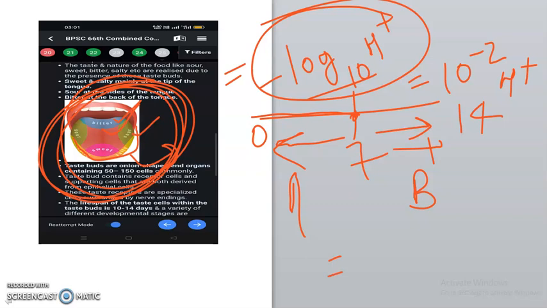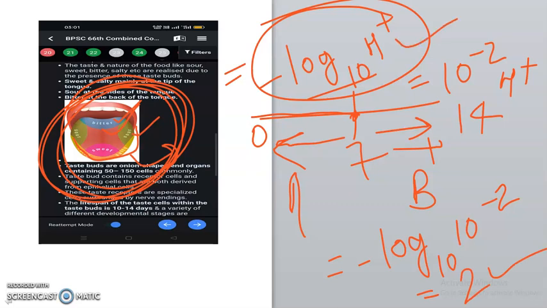According to the formula, minus log base 10 of 10 to the power minus 2. If you have basic knowledge of log, it is easy: the minus 2 comes to this side, so minus minus becomes plus, and 2 is the pH value. So remember the pH scale and pH value.